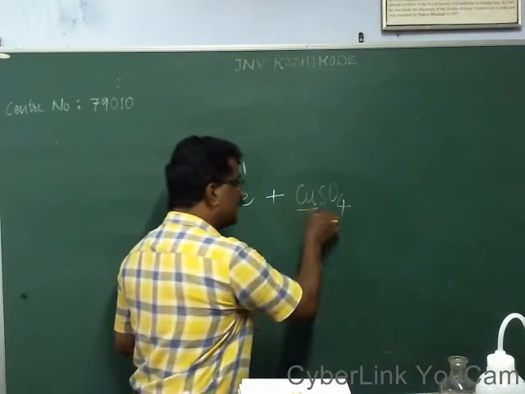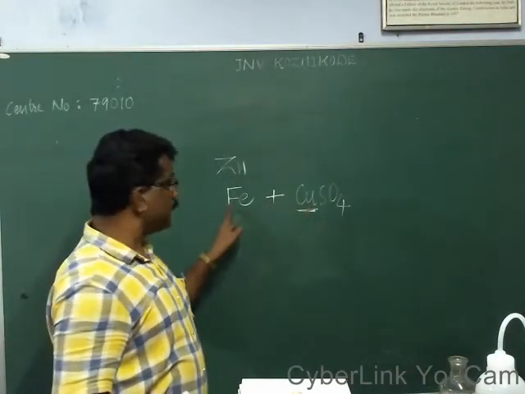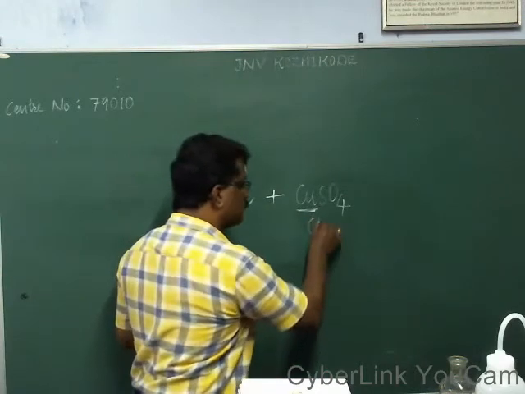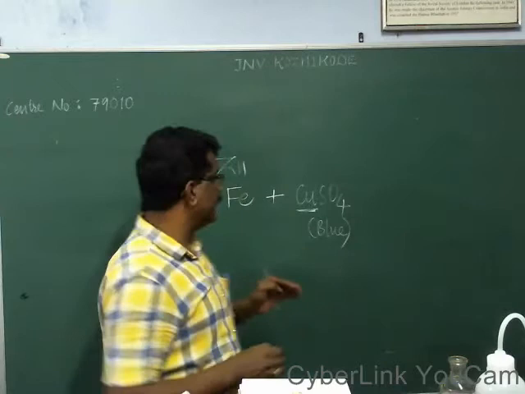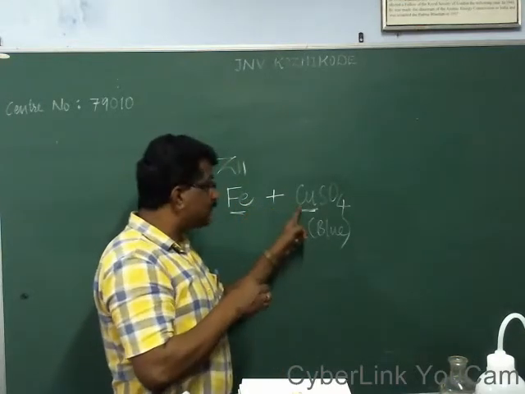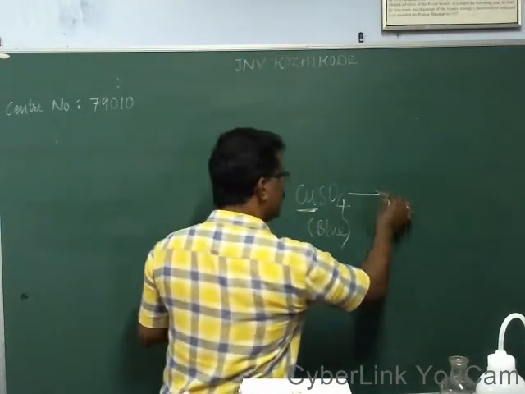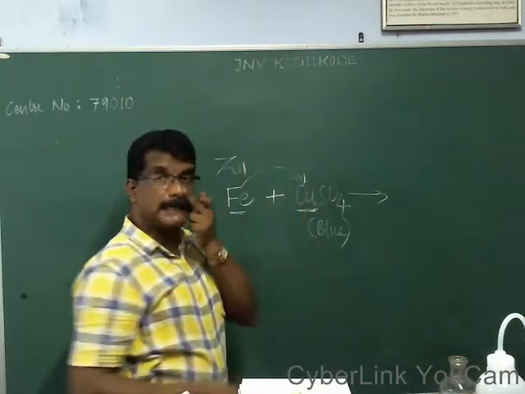This salt has a metal, copper. So when iron reacts with copper sulfate, which is blue in color, the iron displaces copper from copper sulfate. At the place of copper, the iron goes and attaches.